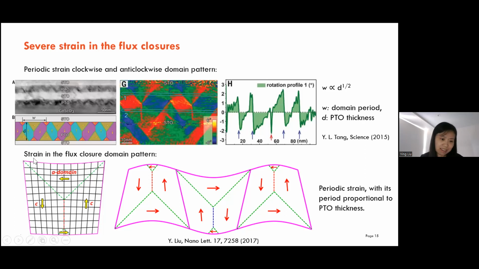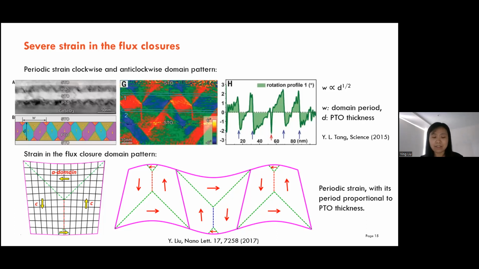And we can see that in each area of the domains, the lattice is not perfect, it is severely strained. And here it shows the overall strain state in the PTO layer. Because the domain patterns in the PTO layer are directly related to the PTO layer thickness, the strain state is also closely related to the PTO thickness.